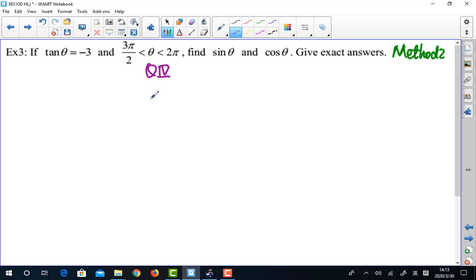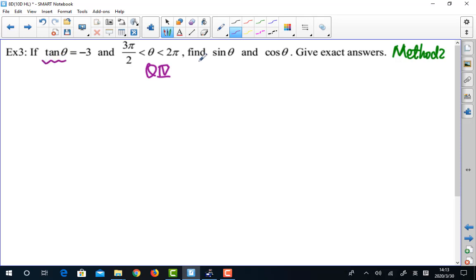To be honest, method 1 will be a little bit easier to solve this problem. Method 2 will be a little bit more tedious and time-consuming. However, we just take method 2 as practice. If you want to look at how we can use method 1 to solve this problem, you can refer to my answer key to this lesson note. So let's use method 2.